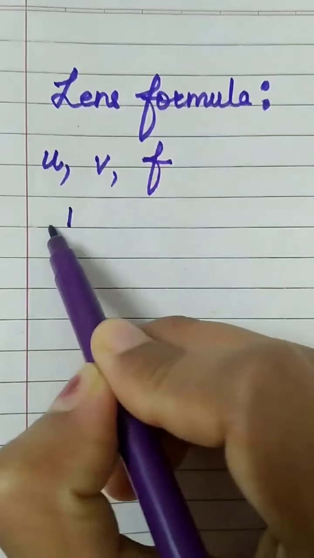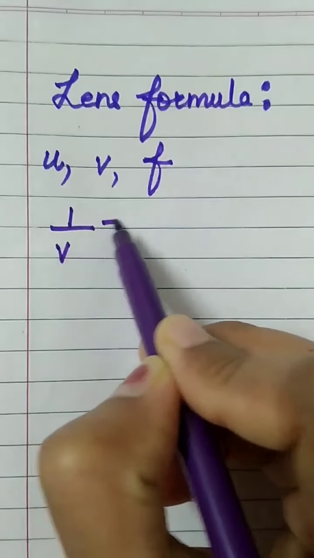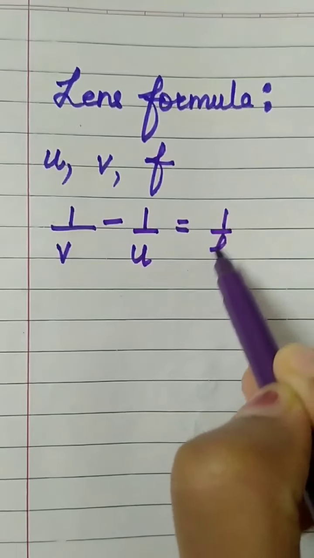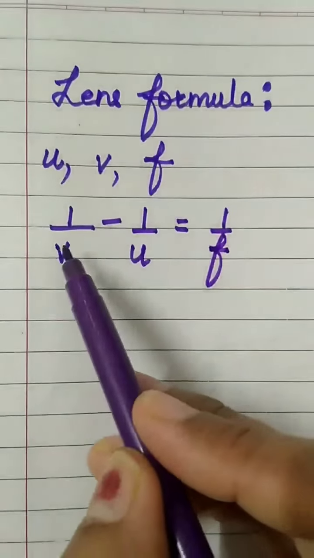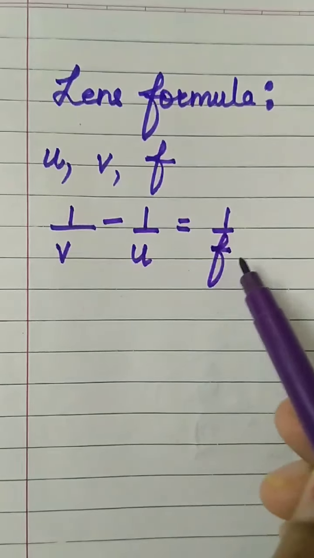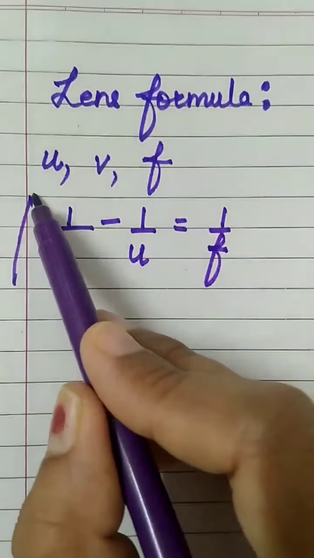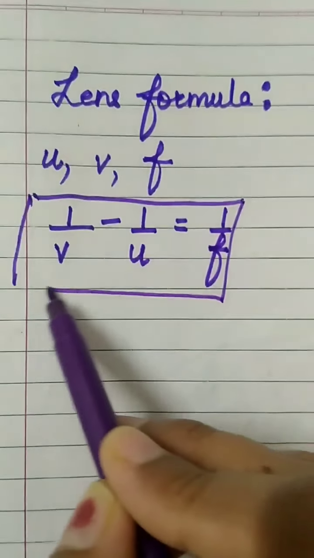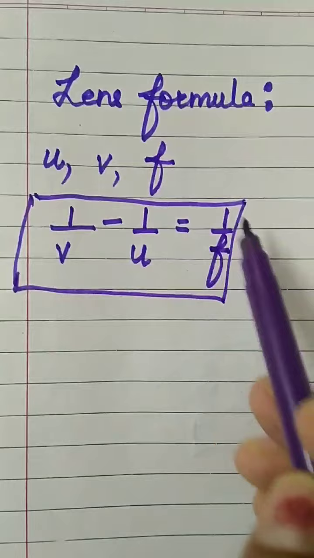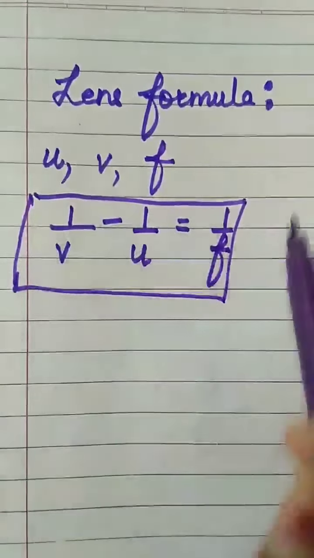Okay, you have to learn it by heart. 1 upon v minus 1 upon u is equal to 1 upon f. 1 upon v minus 1 upon u is equal to 1 upon f. Learn this formula by heart.